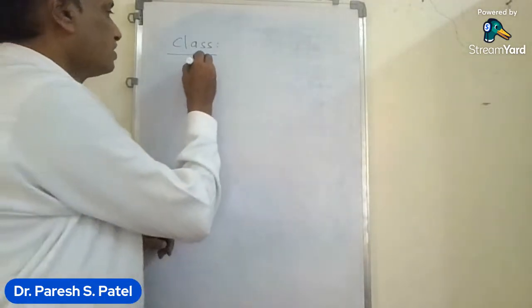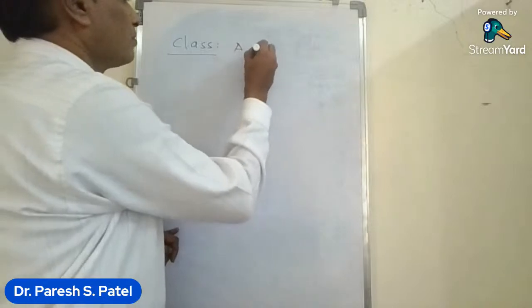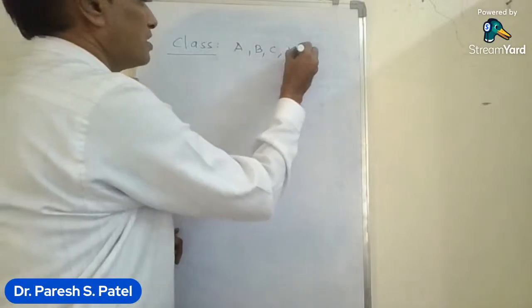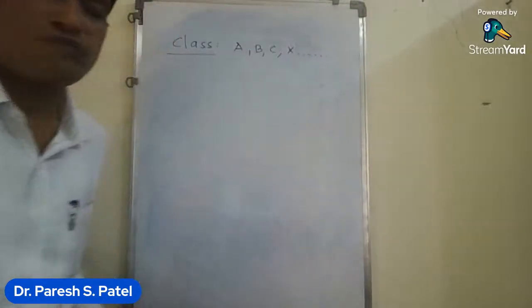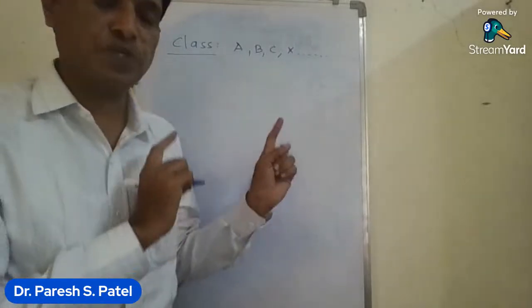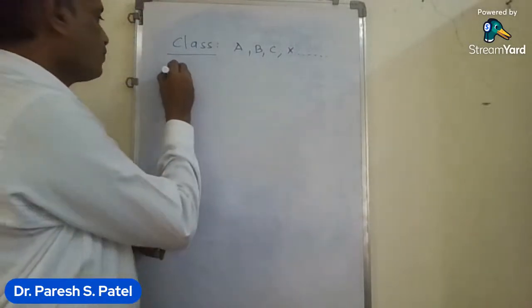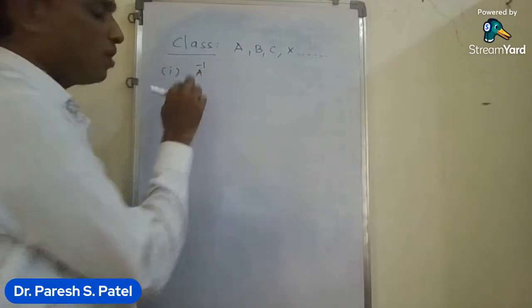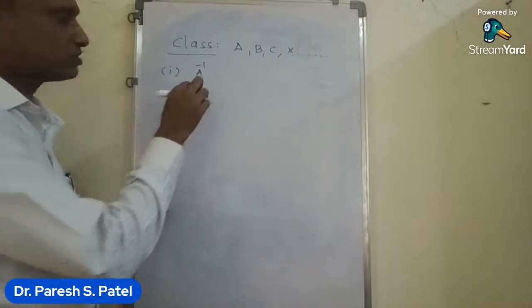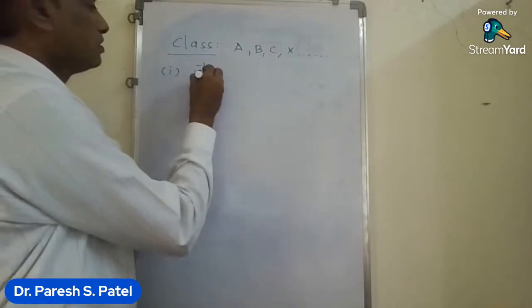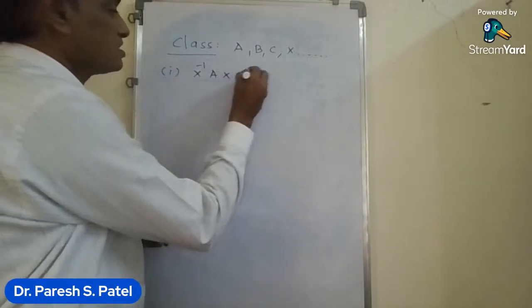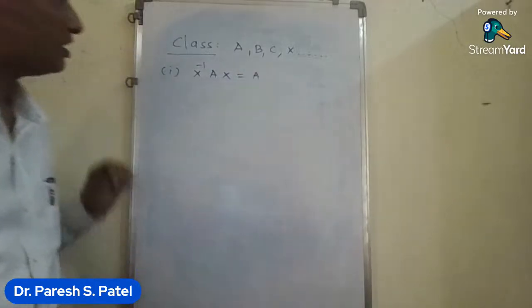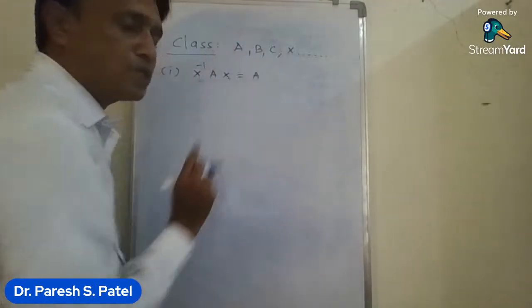As for example, A, B, C, X, these are the different symmetry elements of a particular group. First condition, X inverse A into X is equal to A.